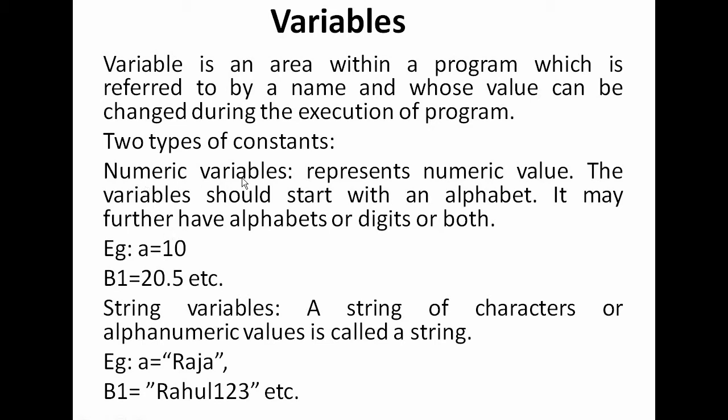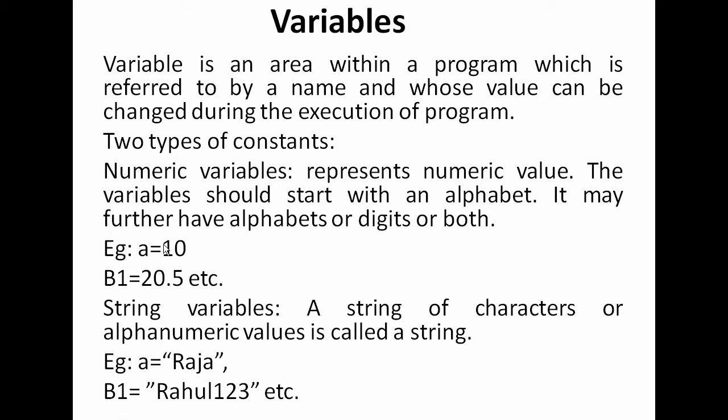Now what does numeric variable mean? It basically represents a numeric value. And the variable here should start with an alphabet. It may have further alphabets or digits or both. Here for example, A is actually an area named A within a program, which holds some value 10.